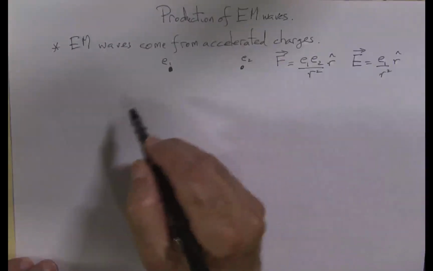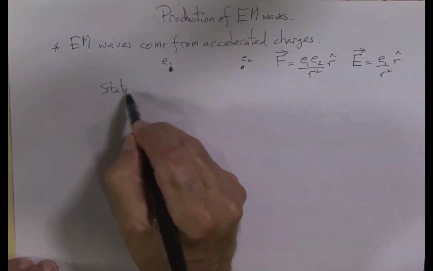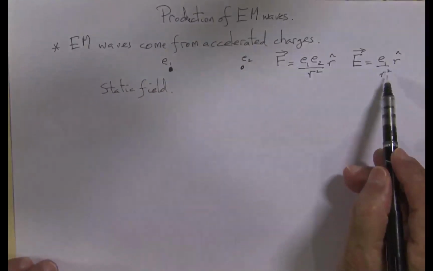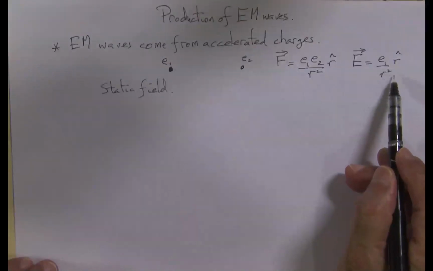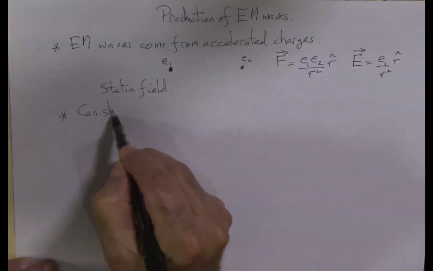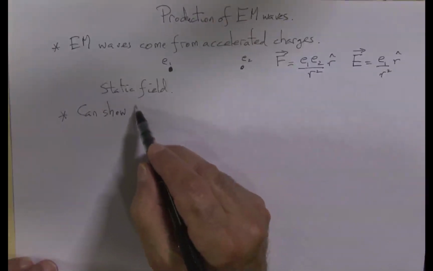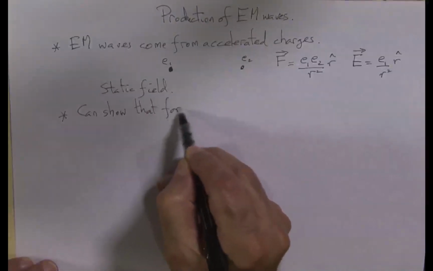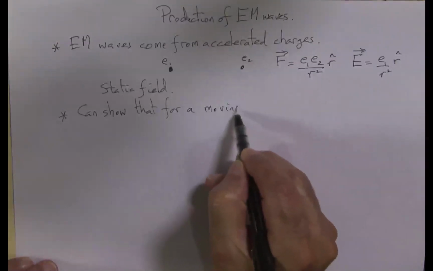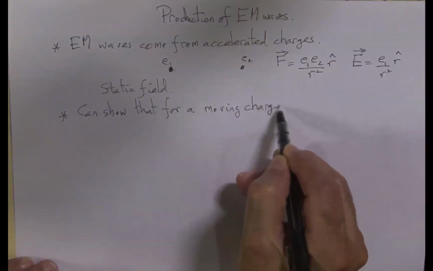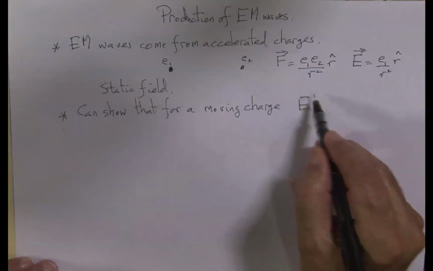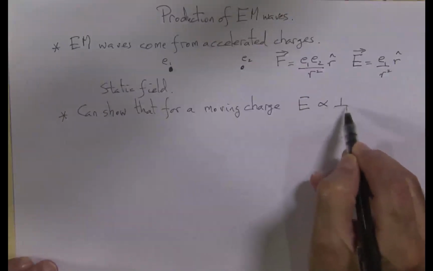Okay, now this was the static field. And it goes down very fast. It goes down as 1 over r squared. Now, you can show that for a moving charge, for an accelerated charge in fact, there is a component of E which goes down as 1 over r.